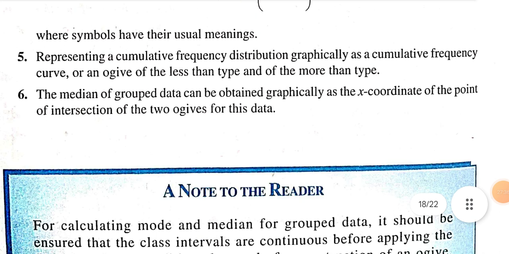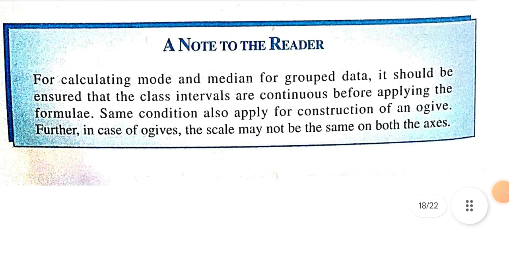5. Representing a cumulative frequency distribution graphically as a cumulative frequency curve, or an ogive, of the less than type and of the more than type. 6. The median of grouped data can be obtained graphically as the x-coordinate of the point of intersection of the two ogives for this data.